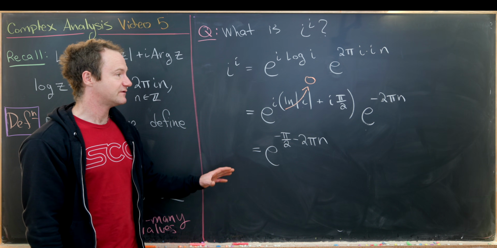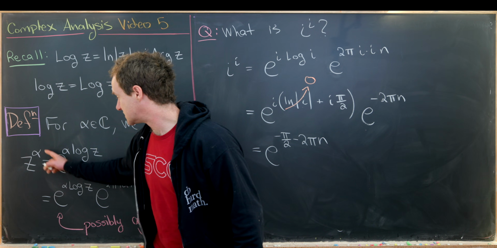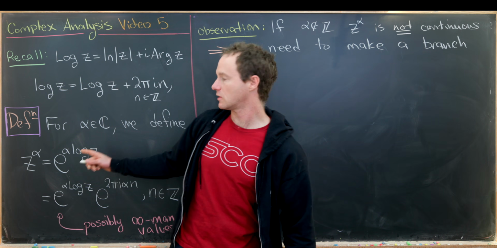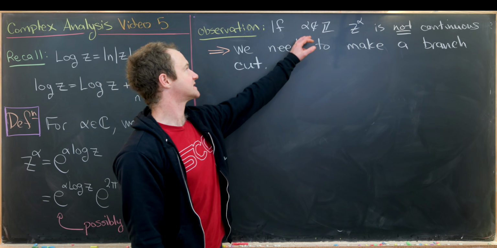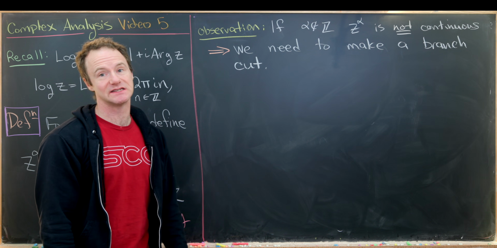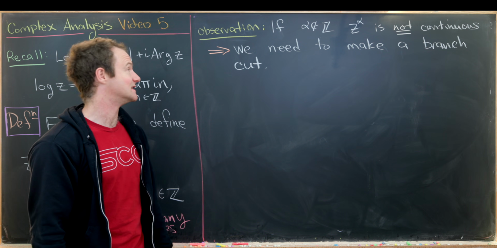Okay, so now that we've done this, let's look at functions that are defined by this power structure. Like I said, now we're going to look at the function z to the alpha. I want you to notice that if alpha is not an integer, then z to the alpha is not continuous. We'll explore this a little more carefully so that we can see that.